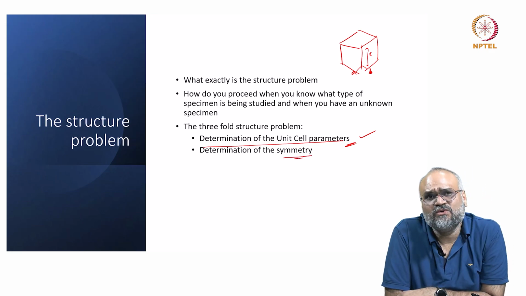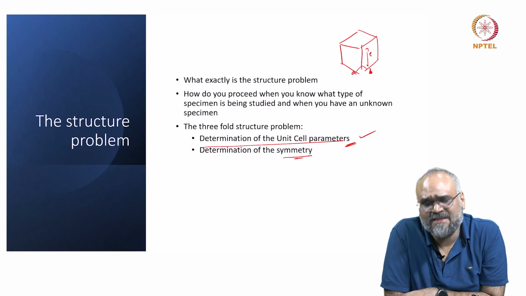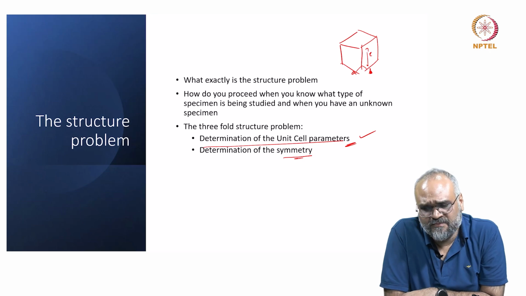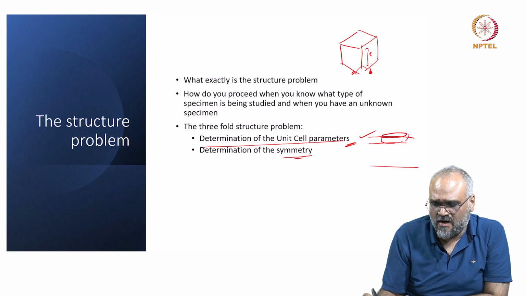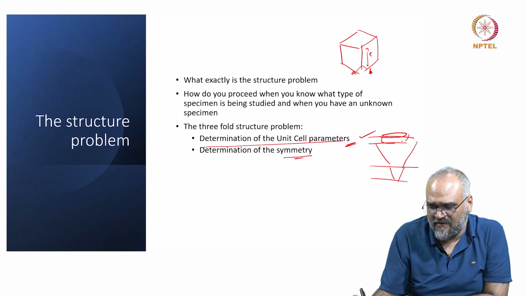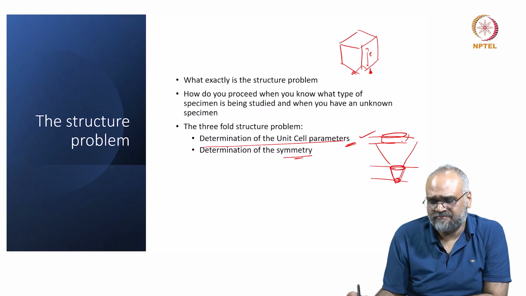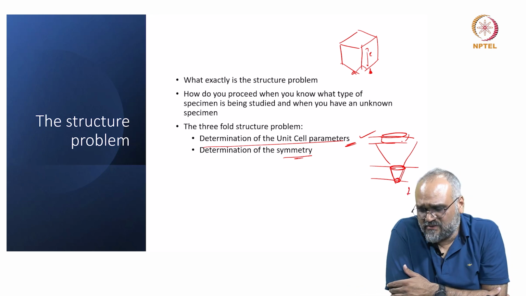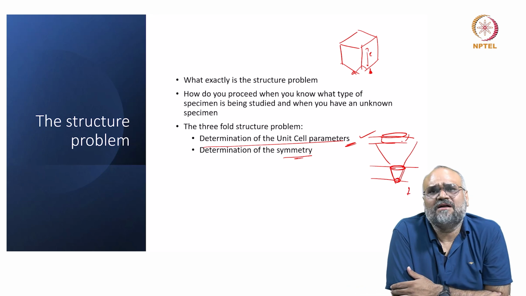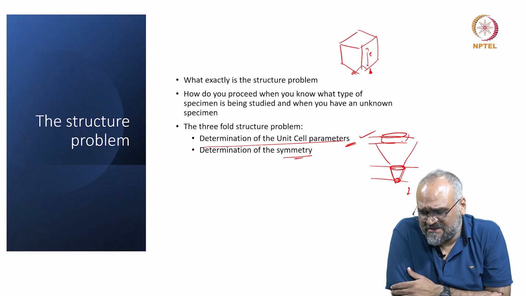That is, I can choose to either illuminate my specimen with a parallel electron beam, where my interaction volume within a specimen is like a cylinder, or I can converge the electron beam and have illumination within a truncated cone kind of an area, and in this case I get what is called a Kikuchi band pattern or a convergent beam electron diffraction pattern.